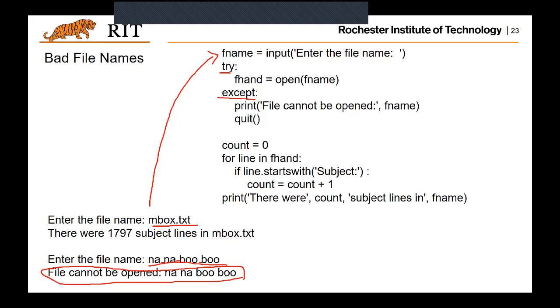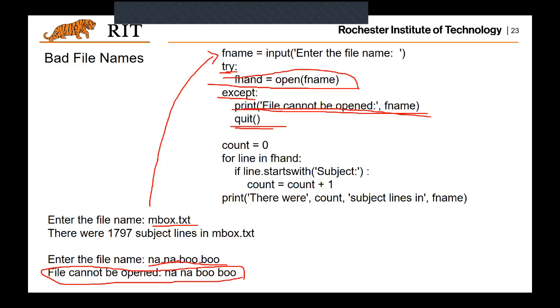Instead, it will print out some error information and quit safely. Basically, inside the try is the open file function, and if it is not successful, then go to the except. That means you tried to open the file but something is wrong, so print this and quit, right?